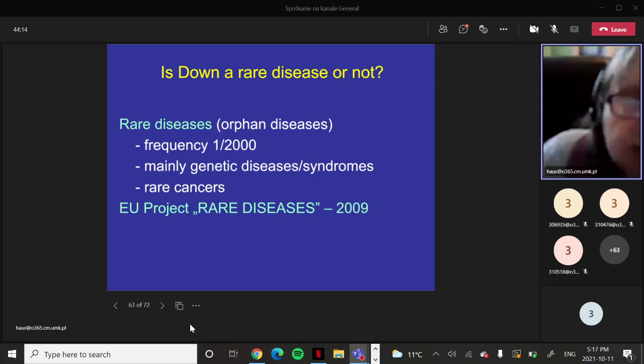These are diseases whose frequency is 1 to 2,000. Mainly, in 80%, they are genetic diseases or syndromes, and some 10% are rare cancers and other diseases. Yes, okay.